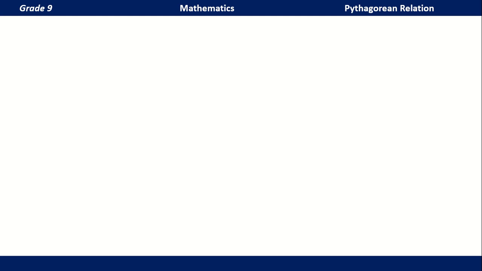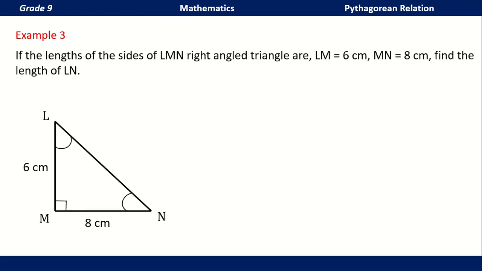Okay, now let's practice it more and more with a few examples. Here, example 3. Here also, you have been given a statement. If the lengths of the sides of the LMN right angle triangle are LM equals 6 centimeters, MN equals 8 centimeters, find the length of LN.